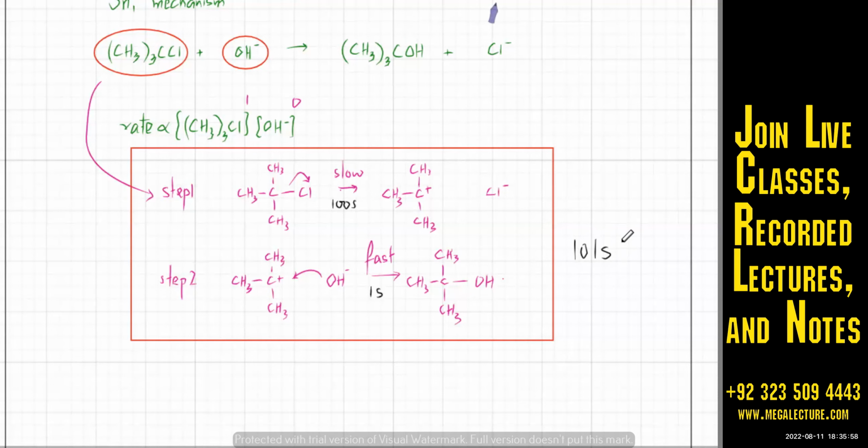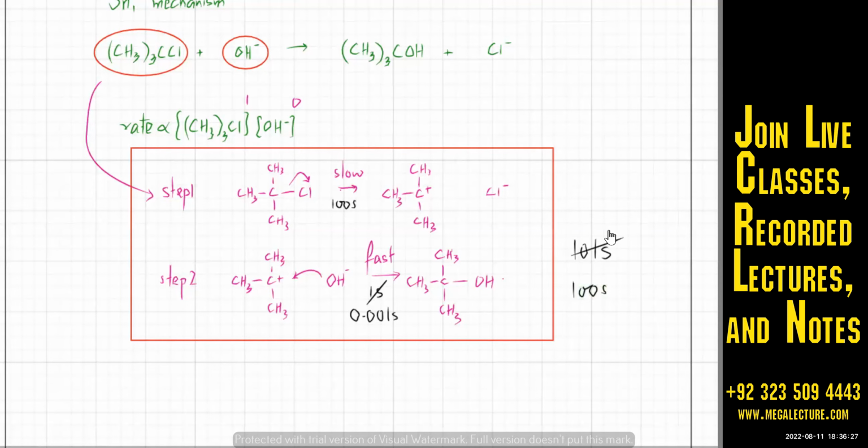Now remember, the rate of the reaction is not dependent on the fast step, because if you try to speed up the fast step, let's say it's now even faster, taking 0.001 second, what will happen to the overall speed of the reaction? There's hardly any change. The first step is still taking 100 seconds, and the second step is taking 0.001 seconds.